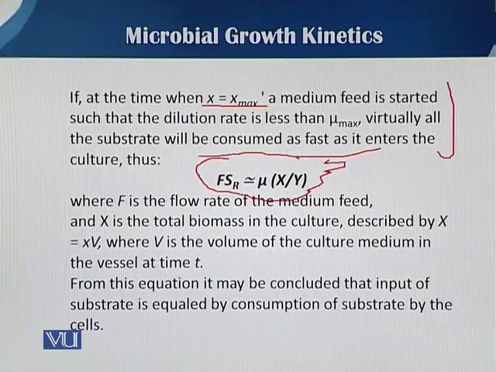So F is the flow rate and X is the total biomass concentration in the culture, and XV is the total biomass with respect to the total volume of the fermentation, because volume is very critical. Here we are talking about different parameters with respect to variable volume. As the volume varies, the concentration of the biomass can vary with respect to time t.